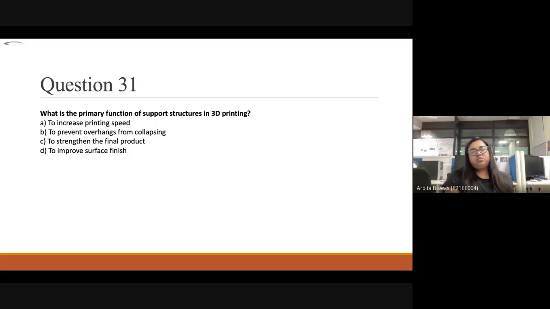Then question number 31. What is the primary function of support structure in 3D printing? First option is to increase the printing speed. Second, to prevent the overhangs from collapsing. Third, option C is to strengthen the final product, and option D is to improve the surface finish.